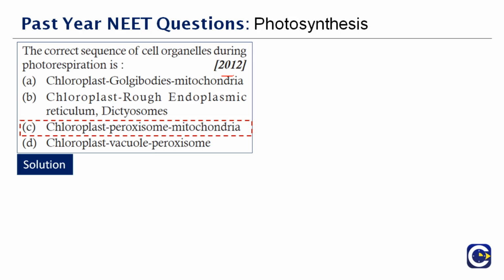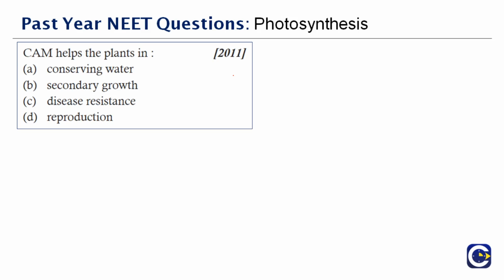Okay, next question here. This was asked in the year 2011. CAM helps the plants in dash. Now what do you mean by CAM? What are these plants? Because we just now saw plants like C3, C4 and all that, right? Now what do you mean by these CAM plants?